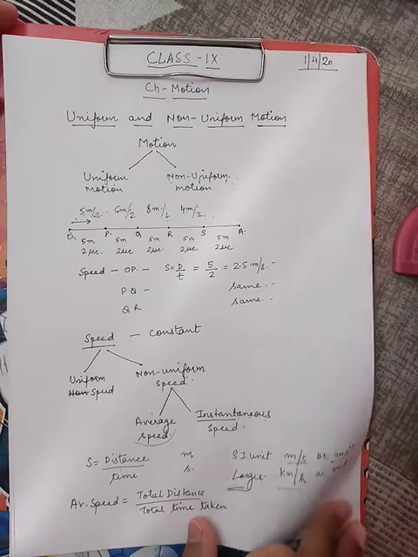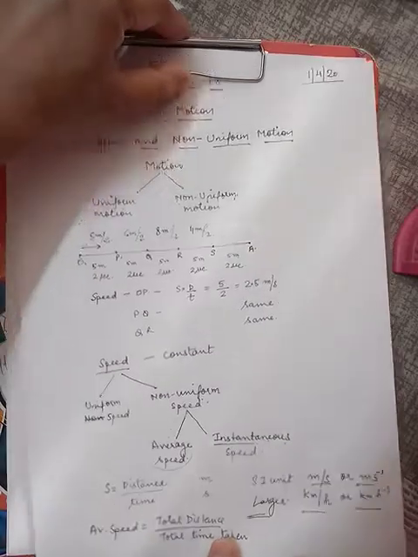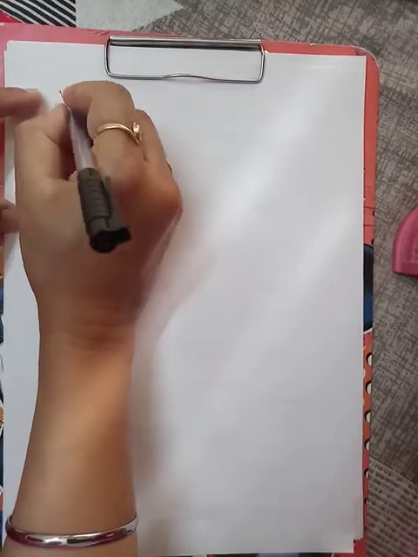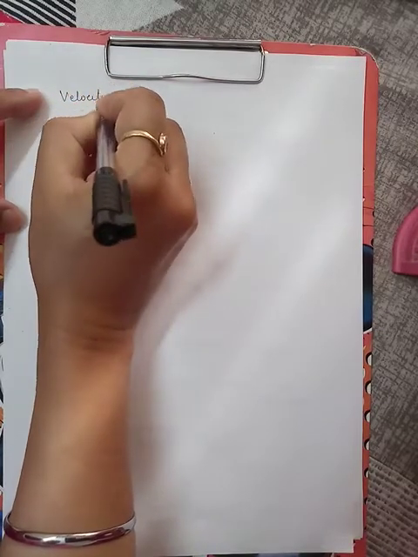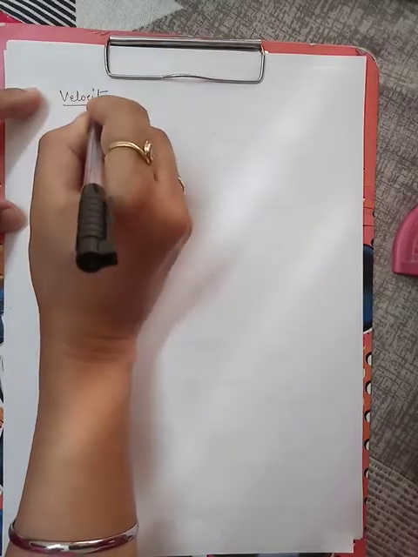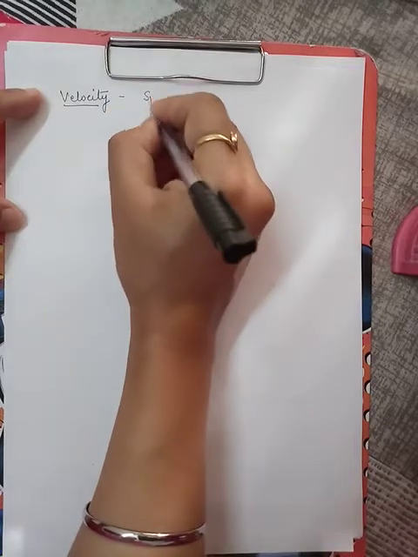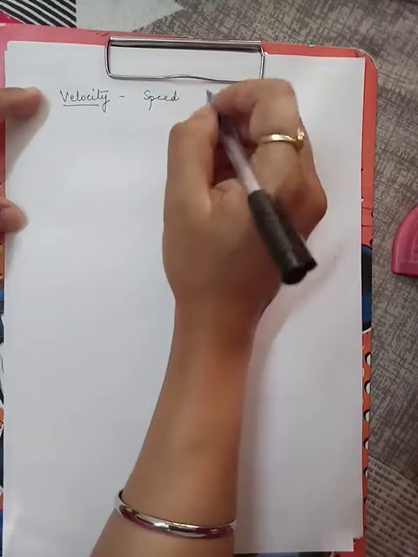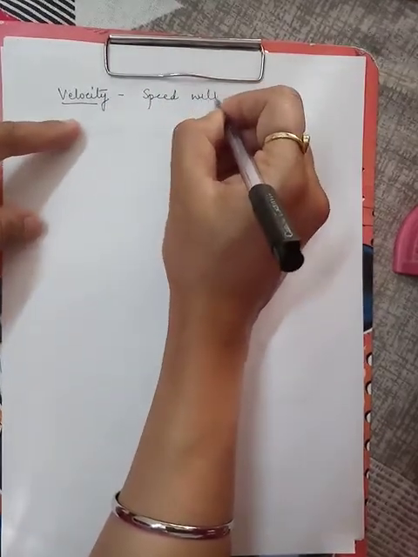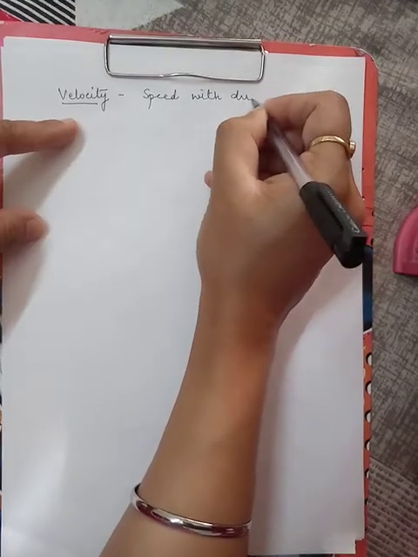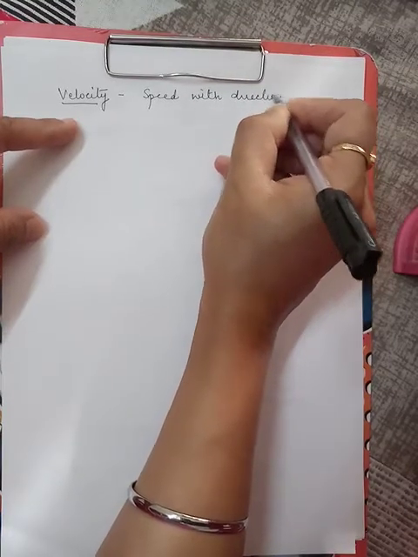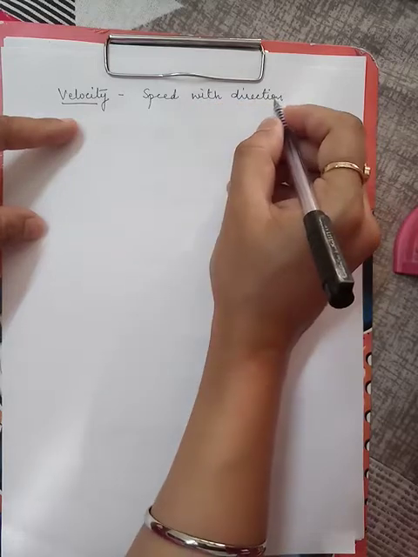Next comes our topic, velocity, which is completely related to speed. What is velocity? It is nothing but the speed of any object along with the direction specified. The speed with direction.